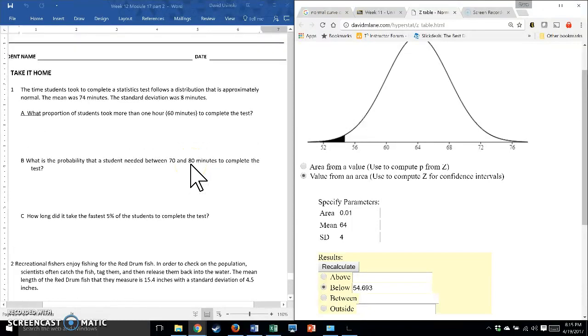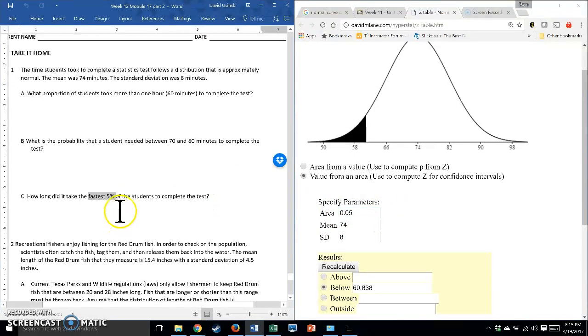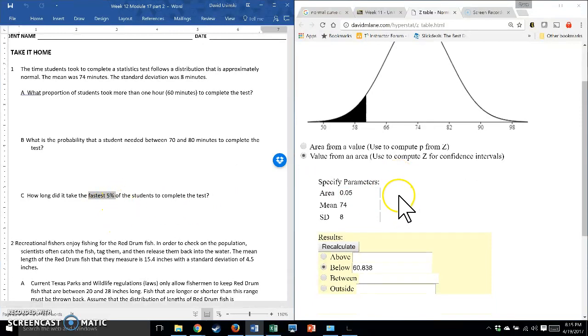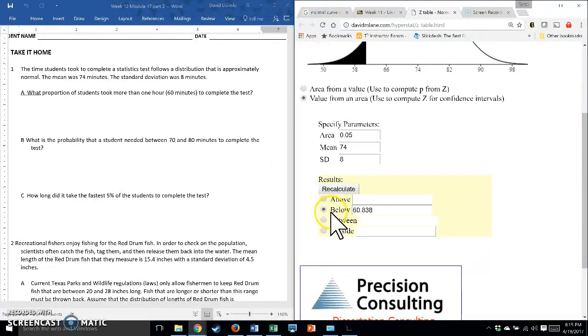Okay, so my mean is 74. My standard deviation was 8. And the area that I want, this 5% here, I have to put in 0.05 and press enter. All right, so I wanted the fastest 5% of the students, so the fastest 5% would be below. So I have to select below.